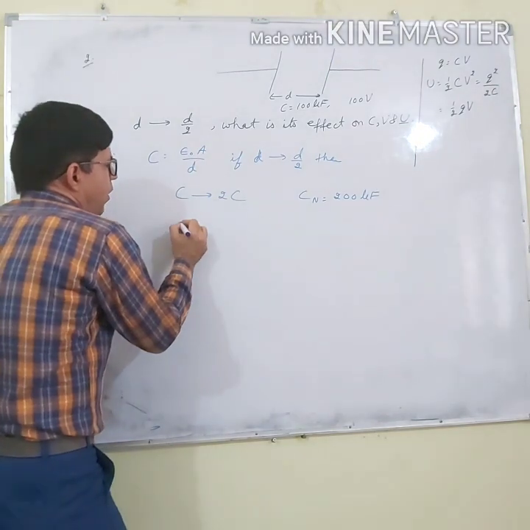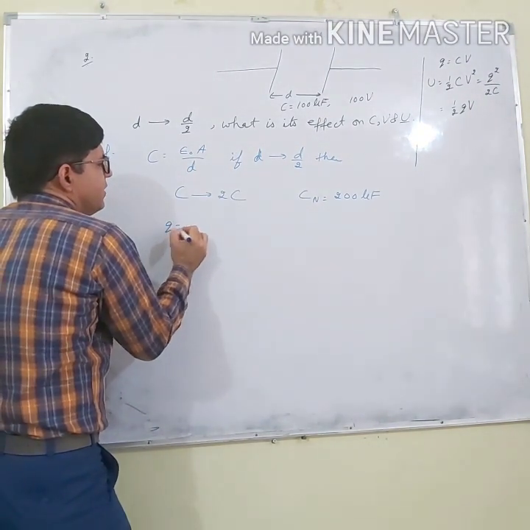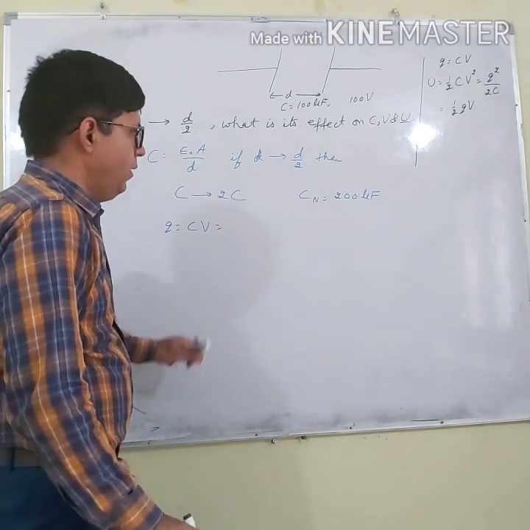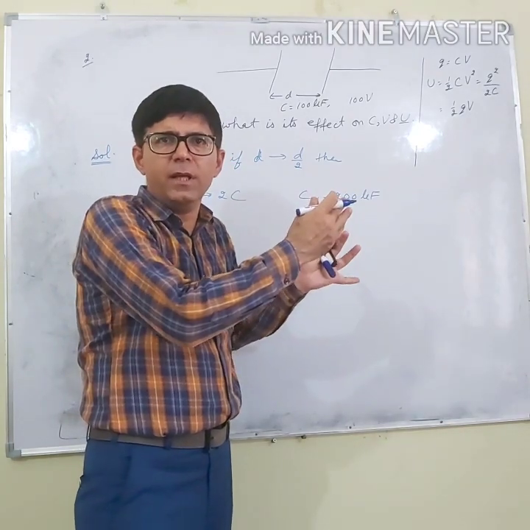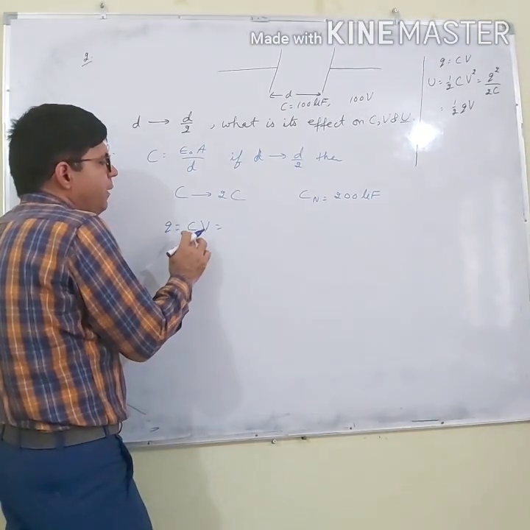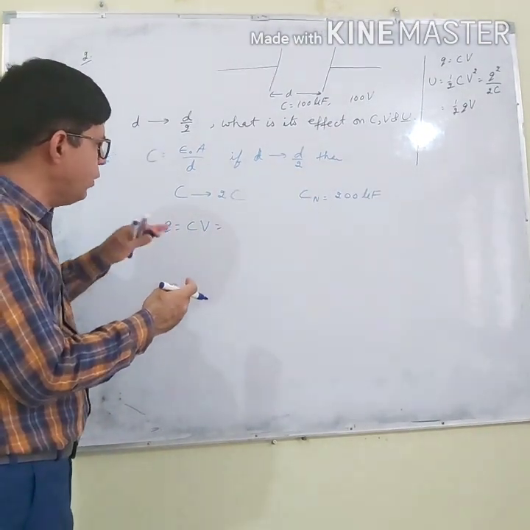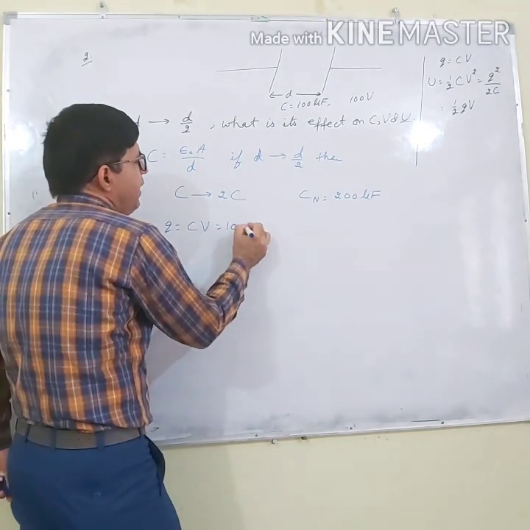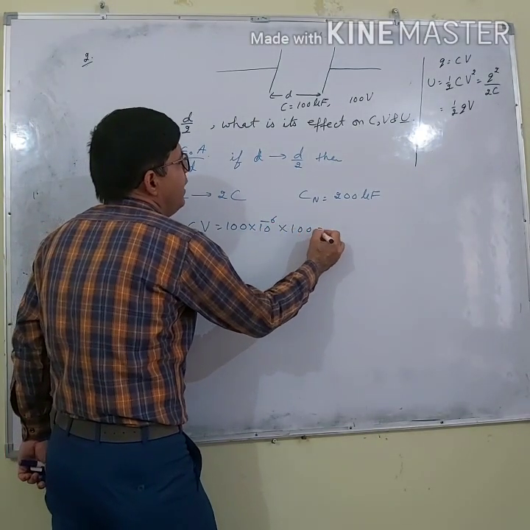And what is the charge? Charge is CV. Charge does not depend on the distance, it depends on the capacity and the potential. So the charge Q equals CV, where C is 100 into 10 to the power minus 6 multiplied by 100.